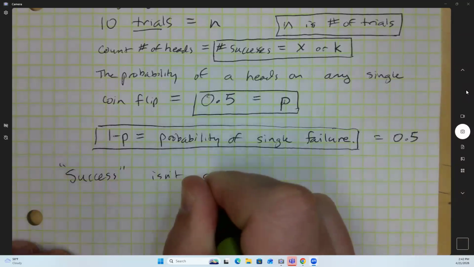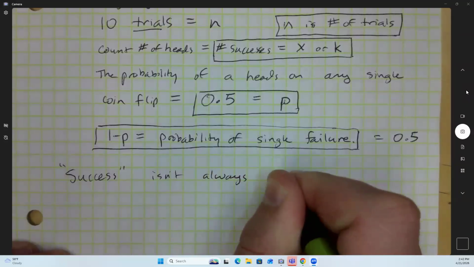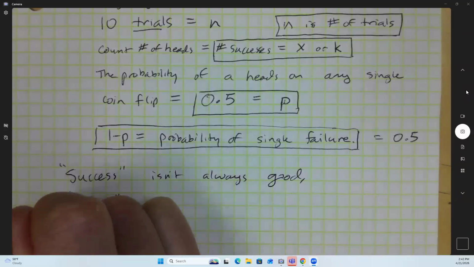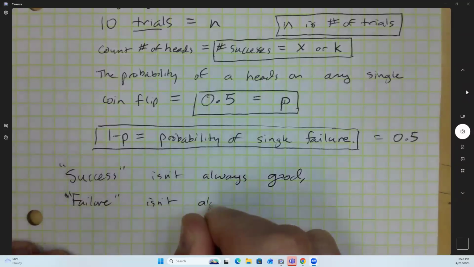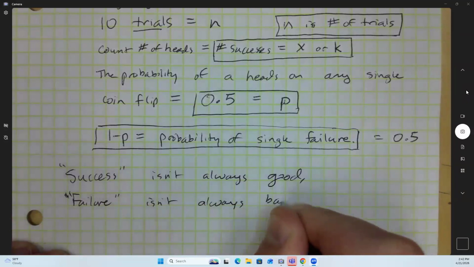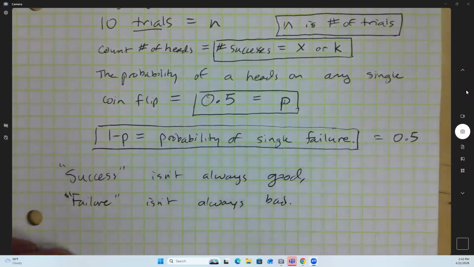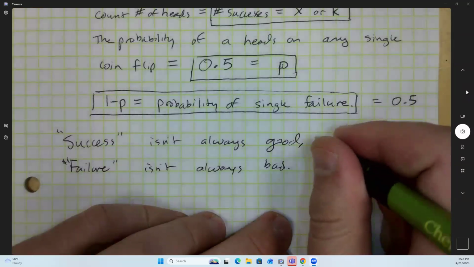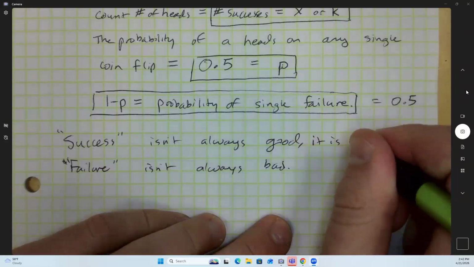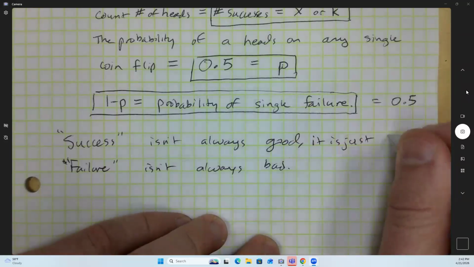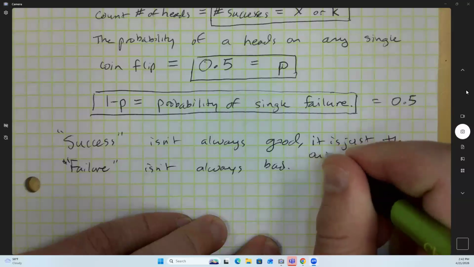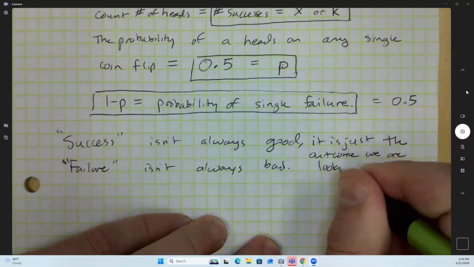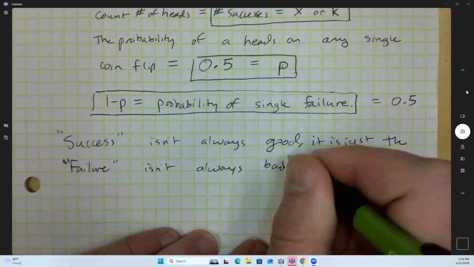Success isn't always good. Failure isn't always bad. So we use the word success just to mean the outcome we are looking for.